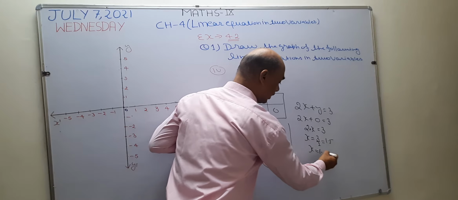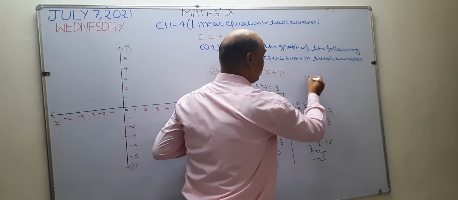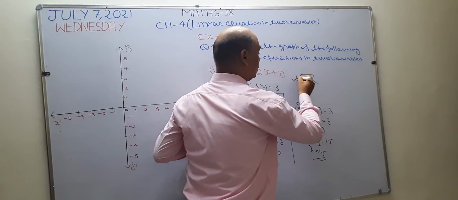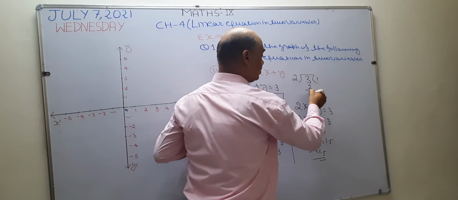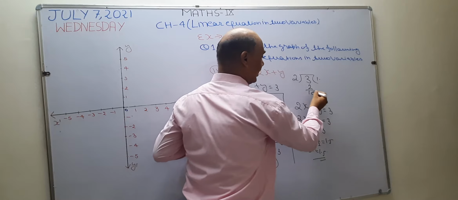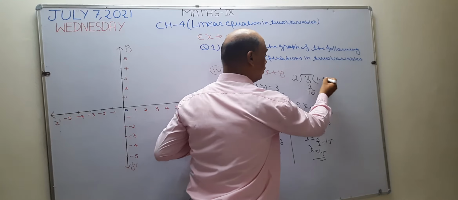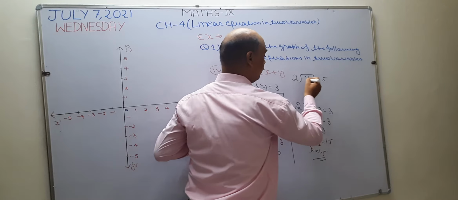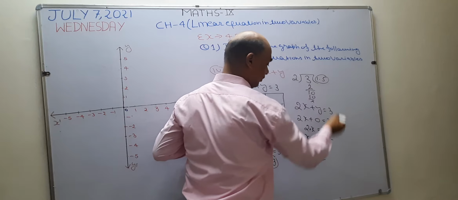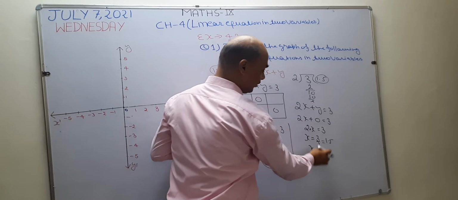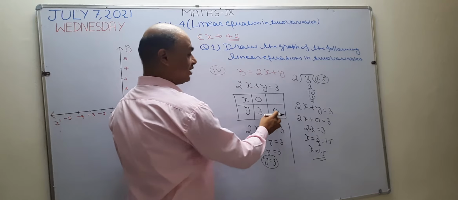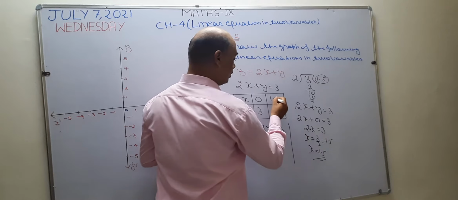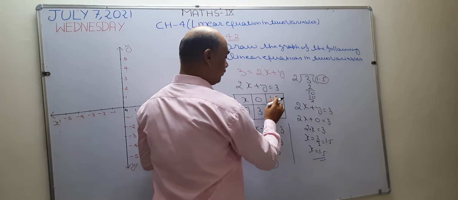So the value of x becomes 1.5. See, when we divide 3 by 2, 2 ones are 2. What is left? 1. After taking the decimal, I write 0. After that, 2 fives are 10. So when we divide 3 by 2, the answer becomes 1.5. So I write here 1.5. It means when we take y 0, x becomes 1.5.